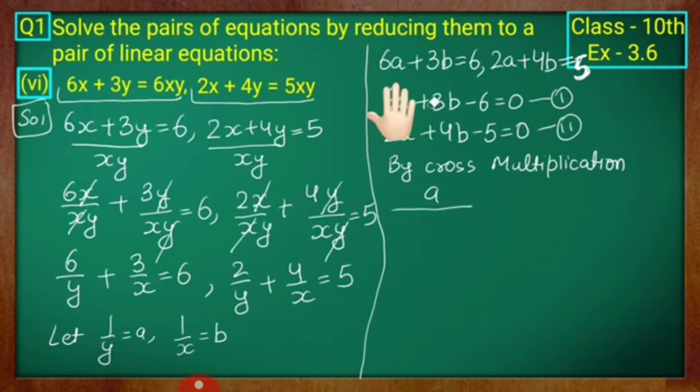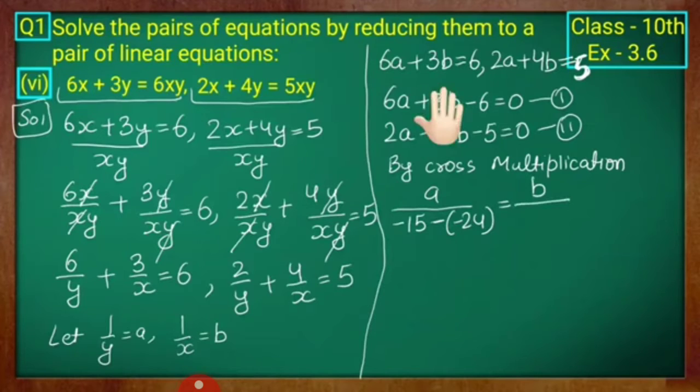So by cross multiplication, a upon minus 15 minus 4 minus 6, that is minus 24 in bracket, is equal to, for b hide the b term and 2 is multiplied with this minus 6, so minus 12, minus 6 multiplied by minus 5 in bracket, minus 30.